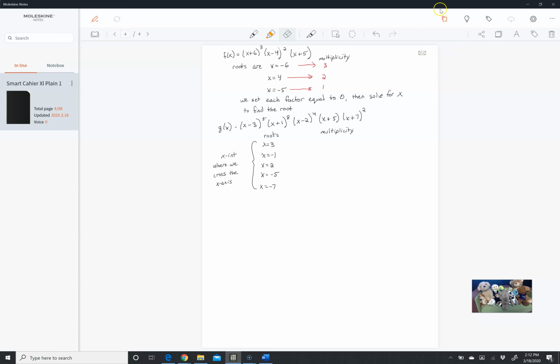Okay, if we look at the multiplicities of each of these, that's actually going to tell us something about the graph too. The multiplicity of x equals 3 is 5. So this is what's giving us the multiplicity. Okay, right here.